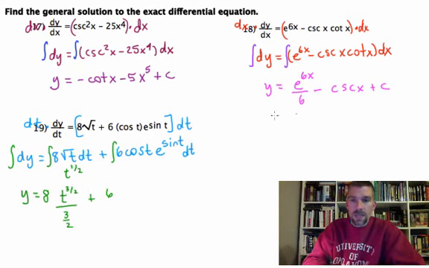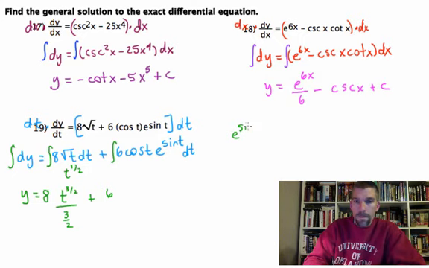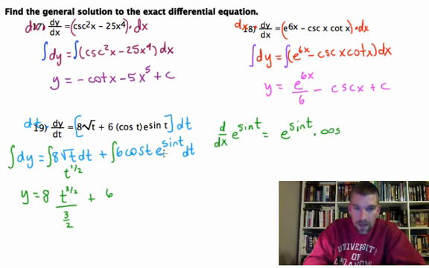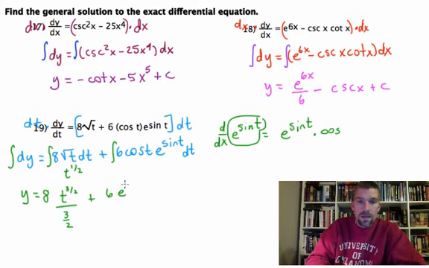Now, remember, just like we said a second ago with e to the 6x, when you take the derivative of e to the sine t, that's equal to e to the sine t times the derivative of the sine, which is cosine. So look at this. I've got e to the sine t right here, and I've got a cosine t right here. That's the derivative of that guy. So this is going to be e to the sine t.